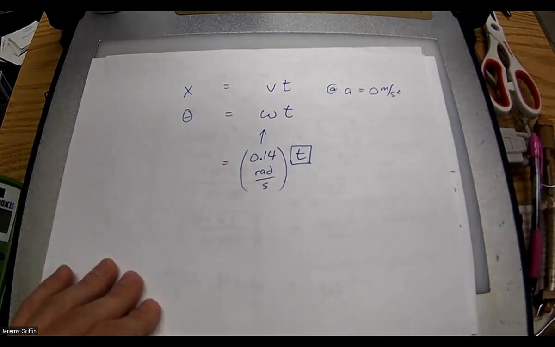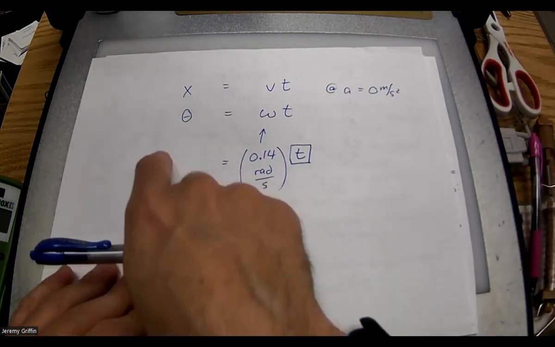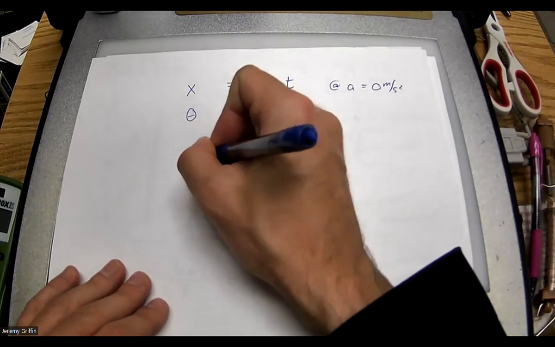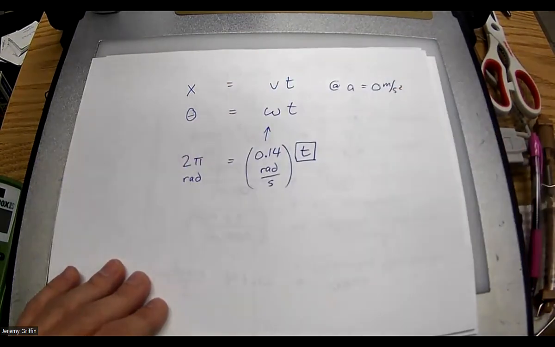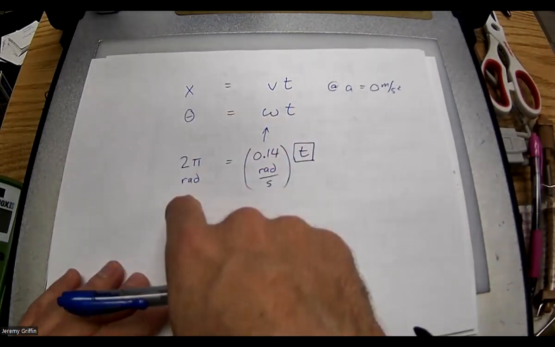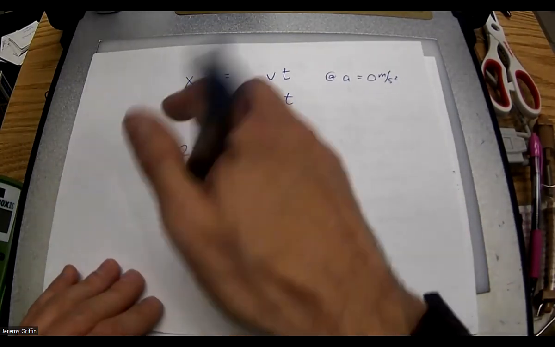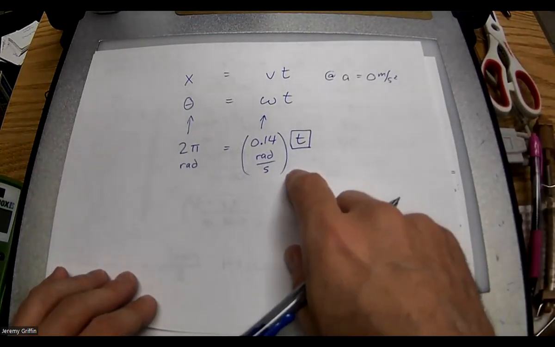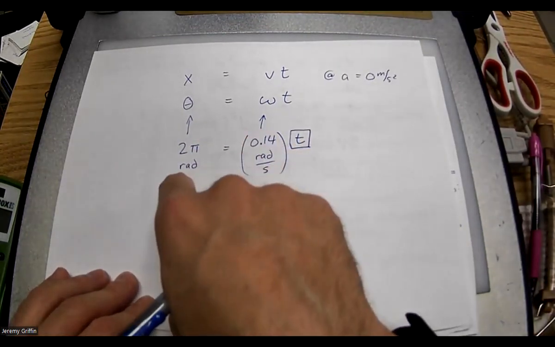You guys remember in the equations, always put radians. This would be 2 pi, wouldn't it? Isn't 2 pi radians equivalent to 1 revolution? So if you wanted to solve for the time for 1 revolution, plug in 2 pi for theta. One algebra step. Divide the 0.14 down.